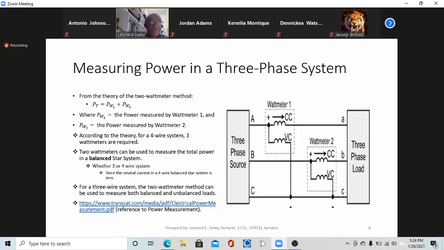All right. And the theory says that for a 3-wire system, the 2-watt meter method can be used to measure both balanced and unbalanced load. All right. And this is some reference to Blondel's theory and how you measure power. You can click on that when you have a chance.